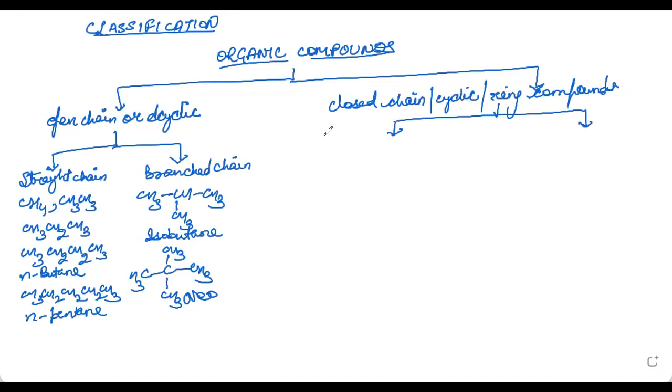One is carbocyclic or homocyclic. This means there will be only carbon atoms in the ring. Then we have heterocyclic.